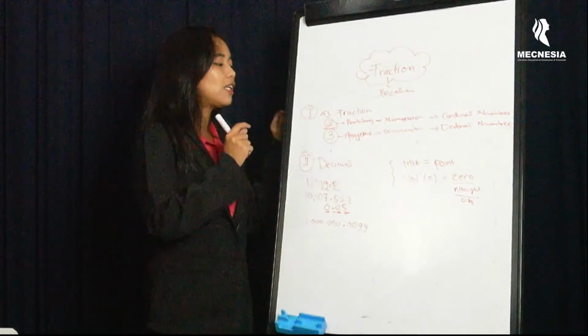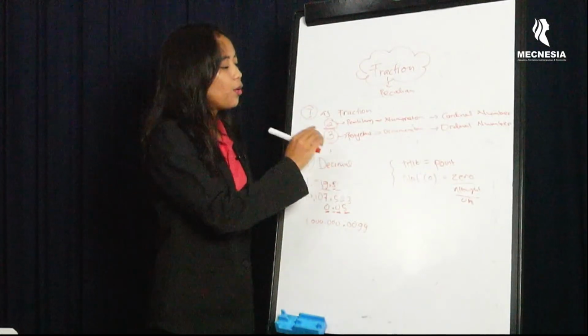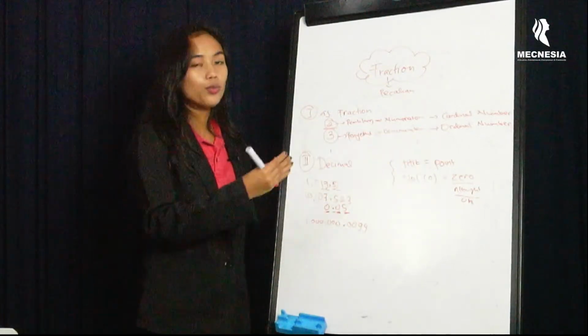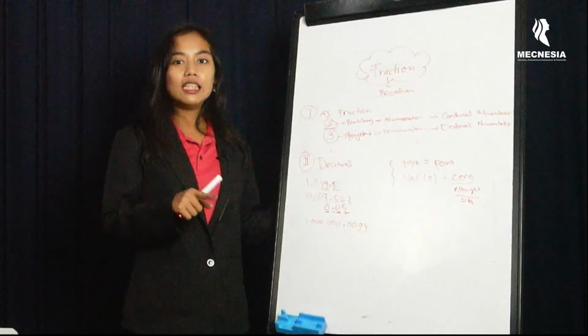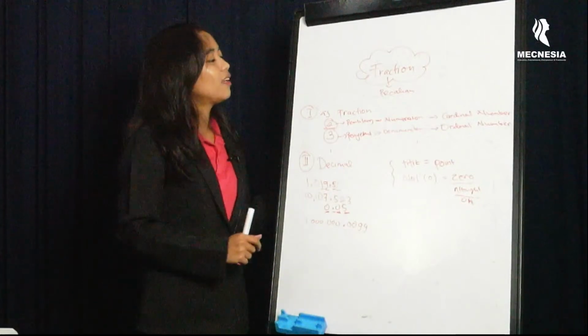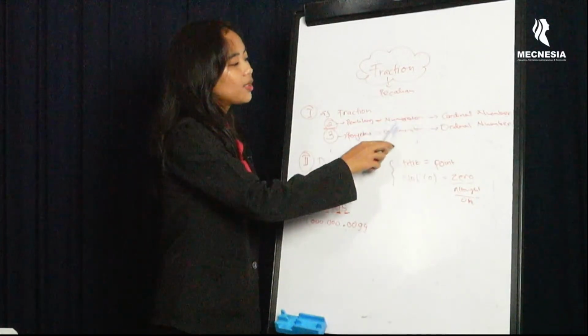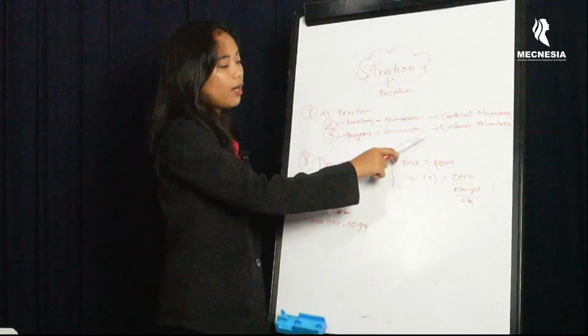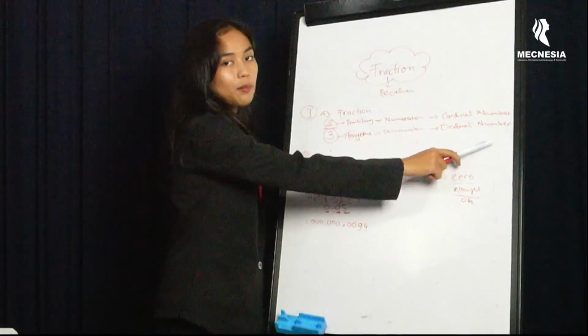And for the number below the stripe, we call it denominator. So for the numerator, we read it as cardinal number. And for the denominator, we read it as ordinal number.